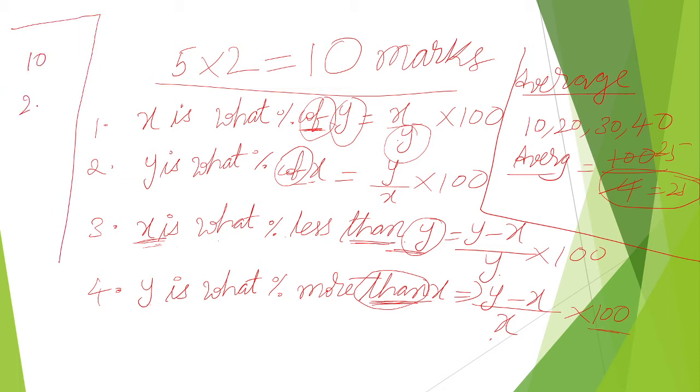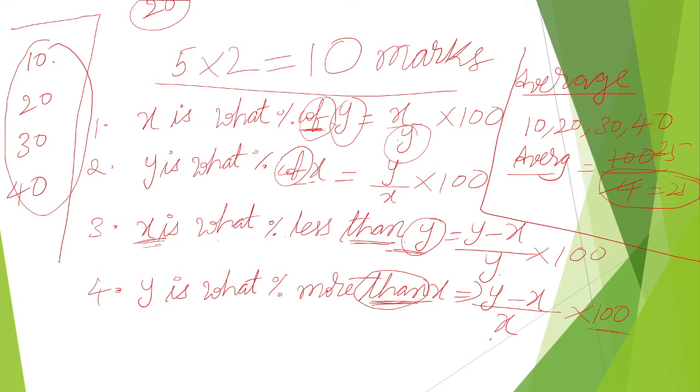10, 20, 30, 40. We can take one number among these as an assumed average. Suppose I take 20.